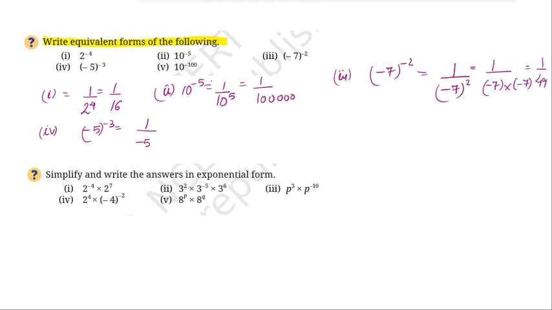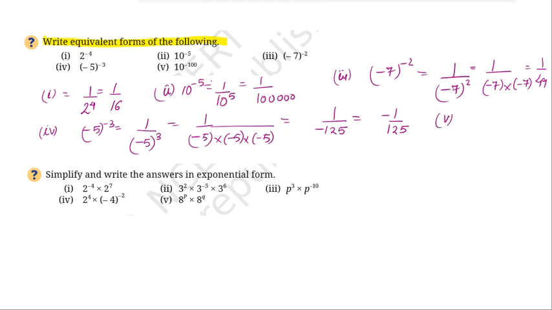So -5 to the power of 3, which is 1 over -5 times -5 times -5. Now you have a negative number and the power is odd, so your result would be 1 over -125, which can also be written as -1 over 125.